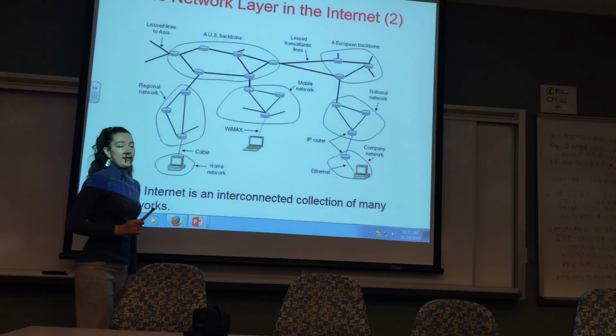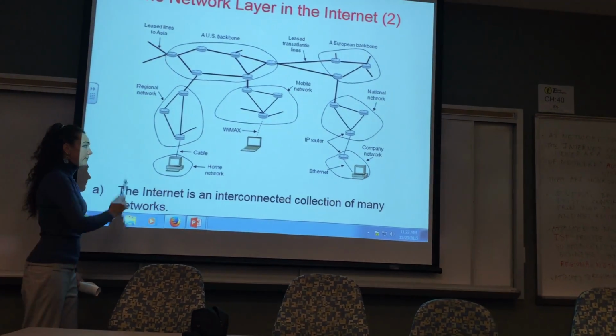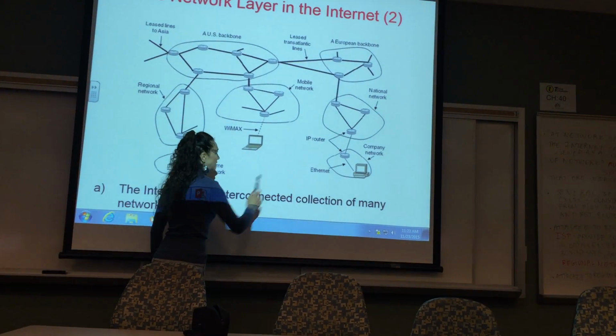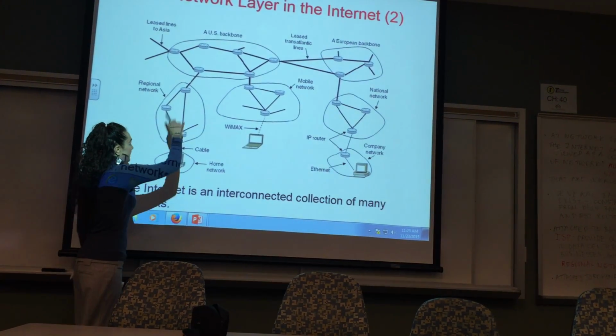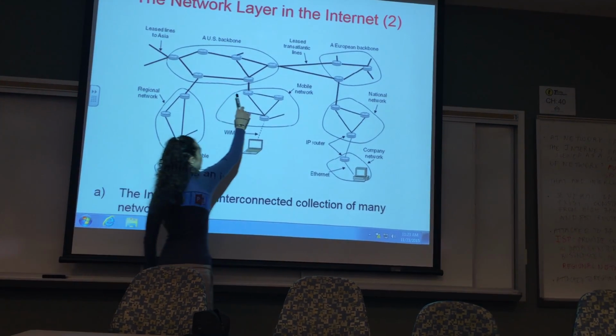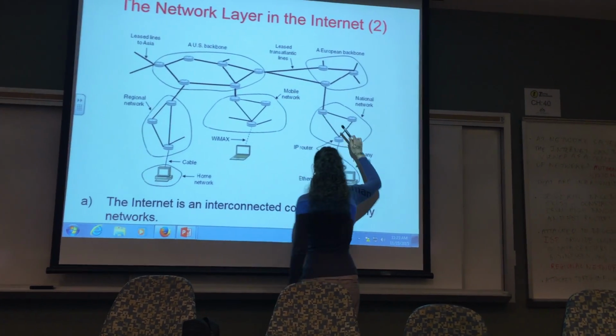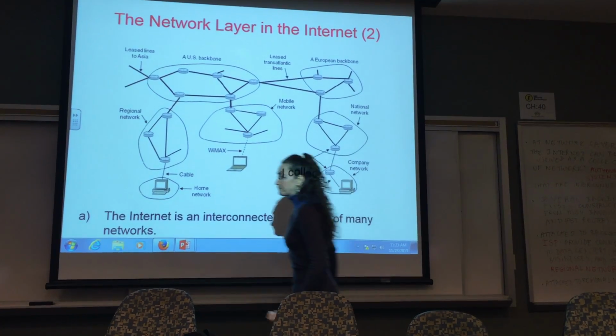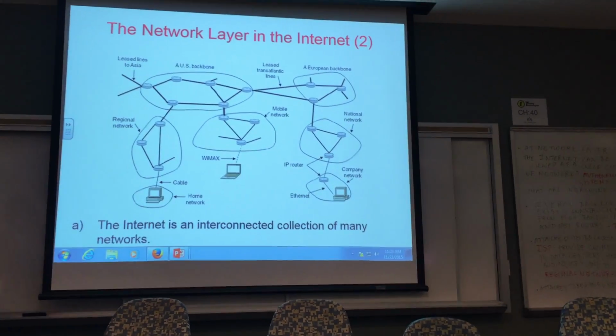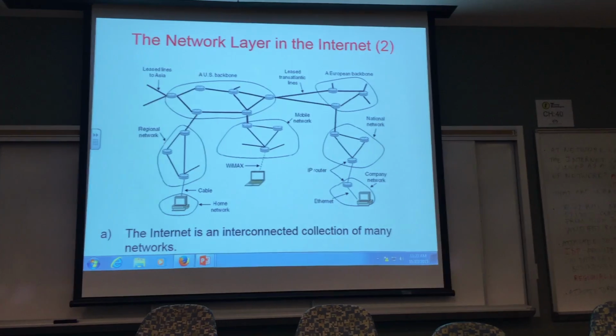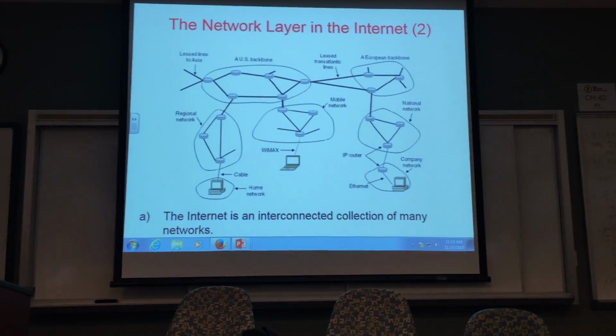So the network layer has to compute the path, which is the best, from the sender to the receiver, and make sure that the packet gets there and it's forwarded by every next router on the way. So let's see how it does that.